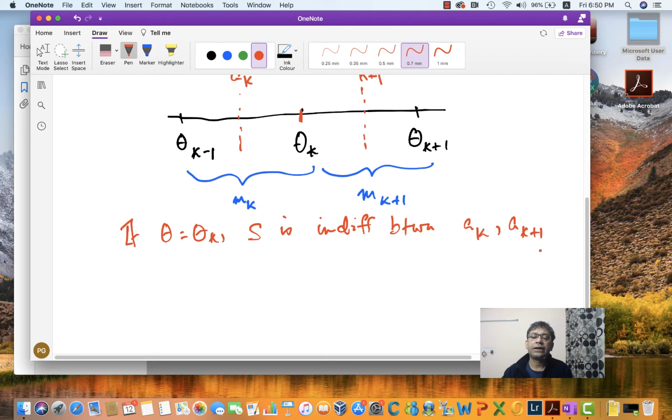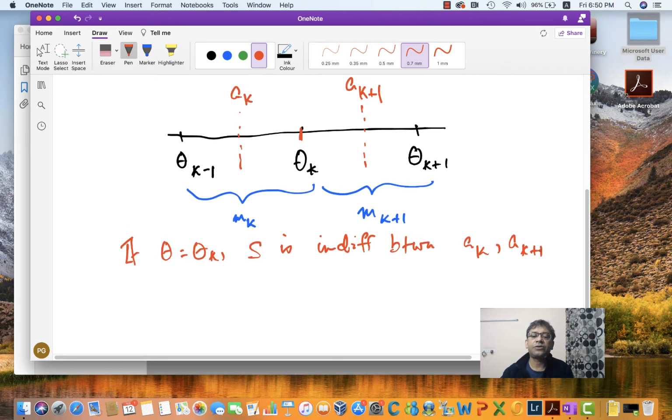Okay? Now, if theta is equal to theta k, then what is the sender's bliss point? What is the ideal action of the sender? Well, that is theta k plus b.